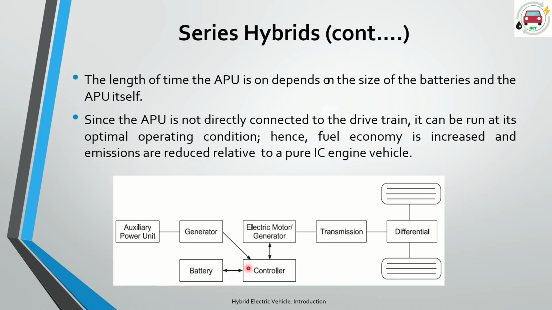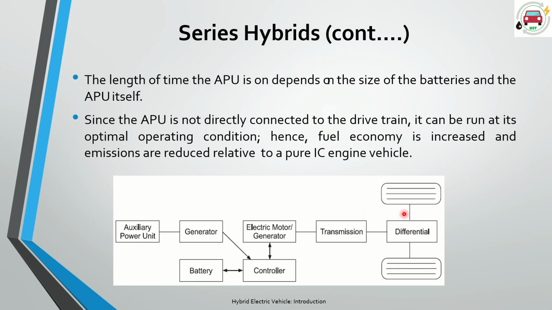So the controller is deciding where to send the power. It gets stored in the batteries, and the batteries will again give the power to the electric motor to run the transmission and the final drive.